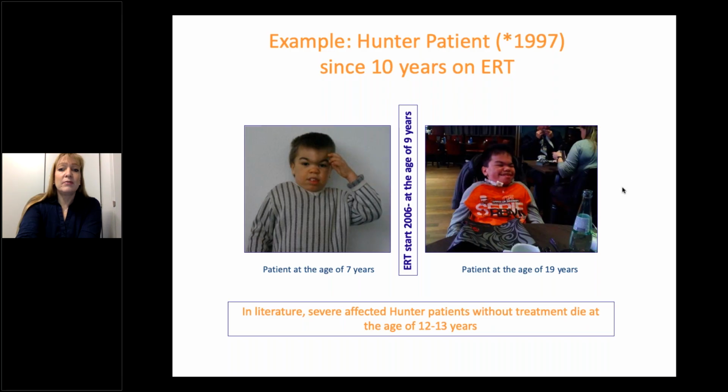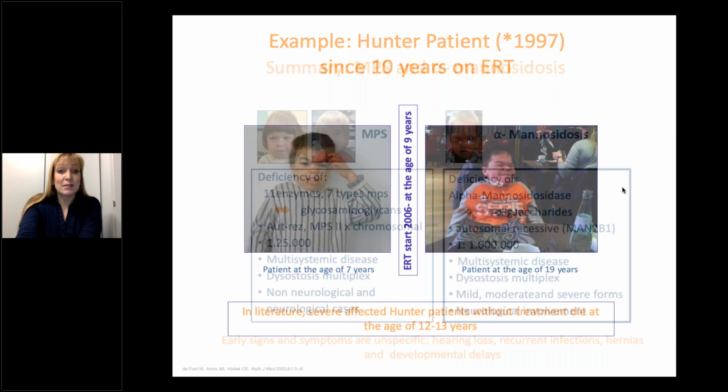And you see him, even if he is severely affected with a severe cognitive involvement, he cannot eat alone, he has tracheostomy, he's sitting in a wheelchair, but you see him smiling, he's watching soccer, and he has a good quality of life. And take into consideration, in literature, usually these severely affected Hunter patients would, without treatment, die at the age of 12 to 13 years.